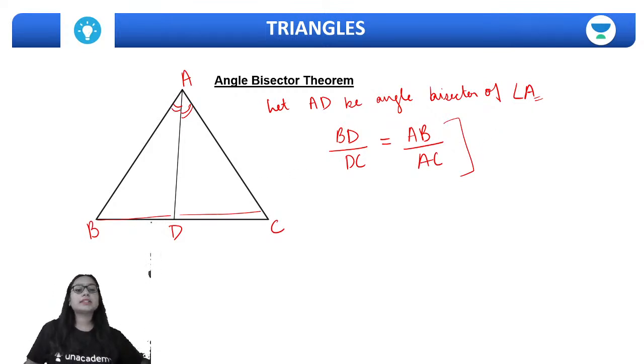The way to remember is that if you take BD in the numerator, then the side adjacent to BD, that is AB, will be in the numerator. If you take DC in the denominator, then AC would be in the denominator. I hope this theorem is clear to everyone.